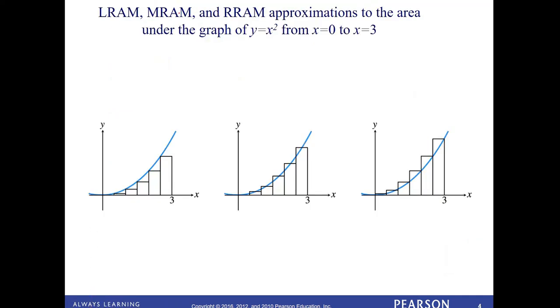Left rectangular means we're going to use the left side of each rectangle. You can see that they've done a smaller version here. This is still y equals x squared. Instead of delta x being 1/4, they've split this into 6 pieces, so each piece, or our delta t, is 1/2.